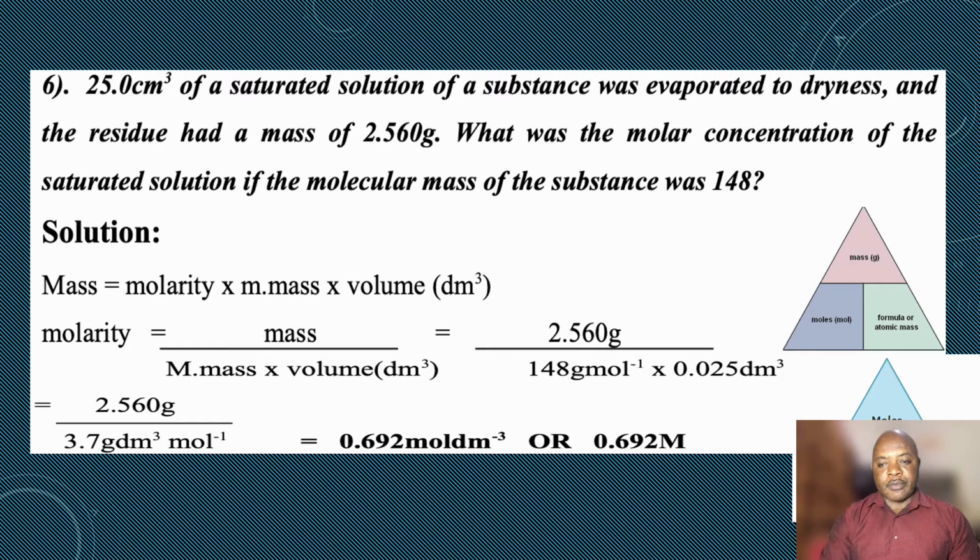Now let's convert the volume: 25 cm cube to dm cube will be 0.025. Therefore, our concentration will be 0.0173 divided by 0.025. Our concentration will be 0.692 mole per dm cube. Either you say 0.692 mole per dm cube or 0.692 molar. That is how you get it.